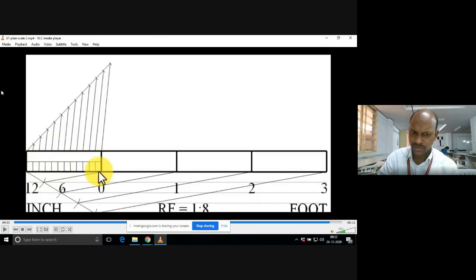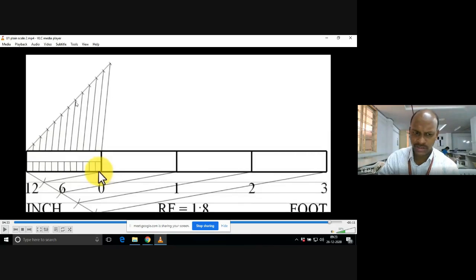Suppose in the same problem, if I want to relate yards and feet, okay, then I will modify this problem, right? So what I have to do, suppose it is not the relation between foot and inch, if it is the relation between yards and feet. Now tell me what will happen for this construction.